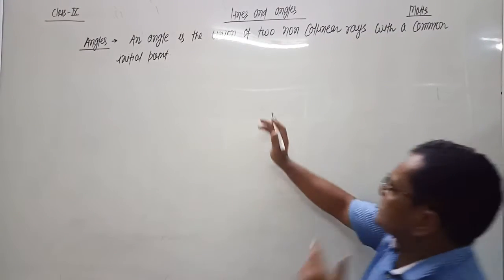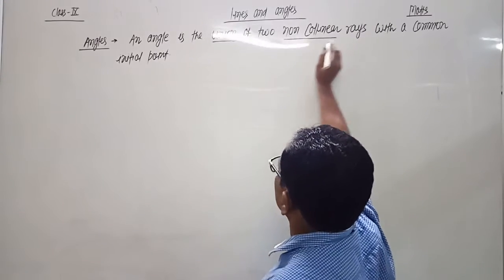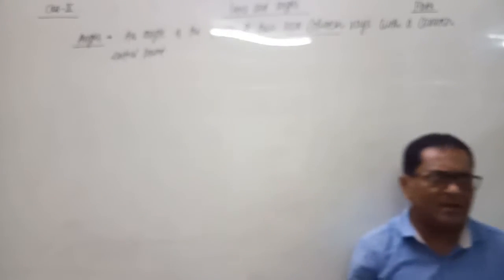So two words come here, union and non-collinear. Firstly we understand the meaning of union and non-collinear. Non-collinear rays means those rays which do not lie on the same line.